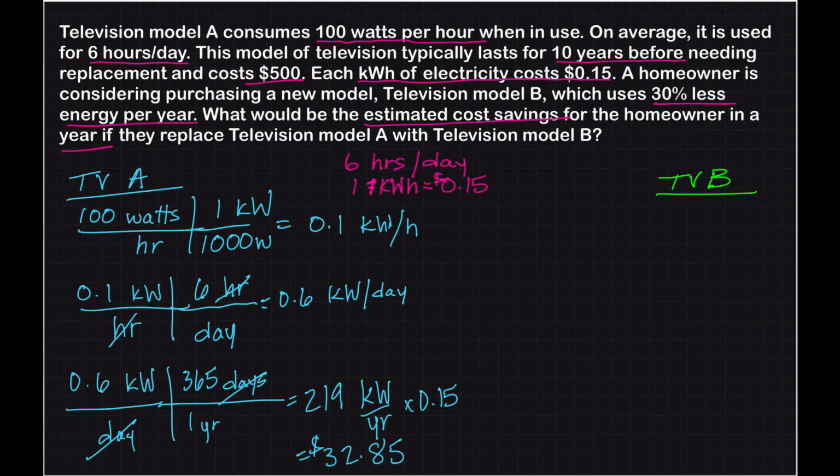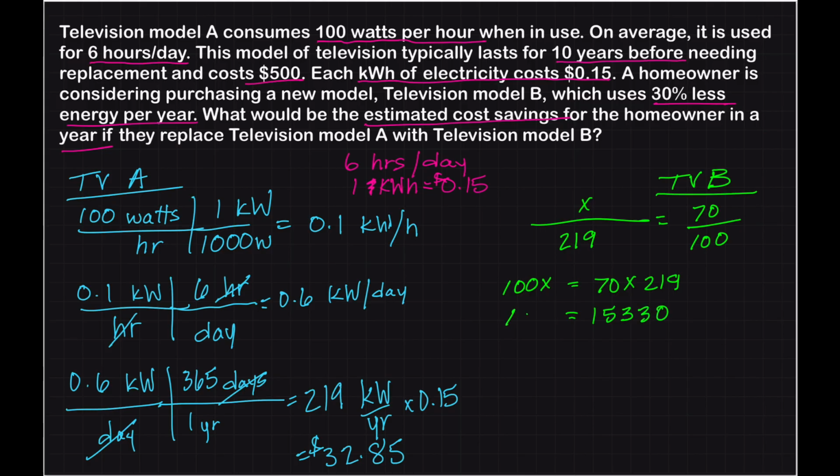Okay, so now let's talk about TV B. It's going to use 30% less energy, so it's going to use 70% of the energy that it used before. So we're going to take this 219 kilowatts per year, and I'm going to put it here. Since it's using 70% of that, I'm going to do 100x equals 70 times 219, and I'm going to get 15,330.